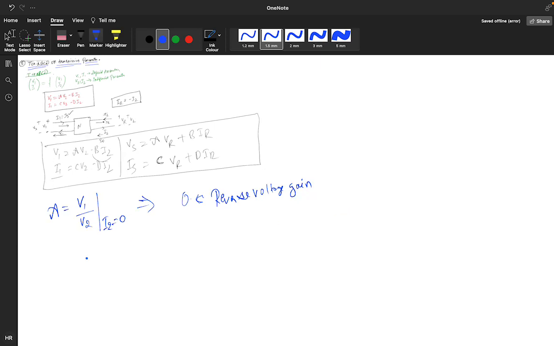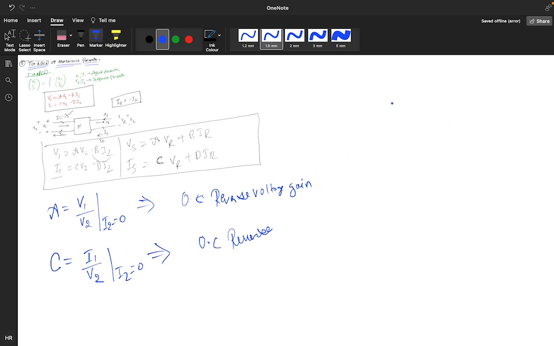What about your C? C will be I1 by V2 while I2 is equal to 0. So this is open circuit reverse transfer admittance, because this is admittance.